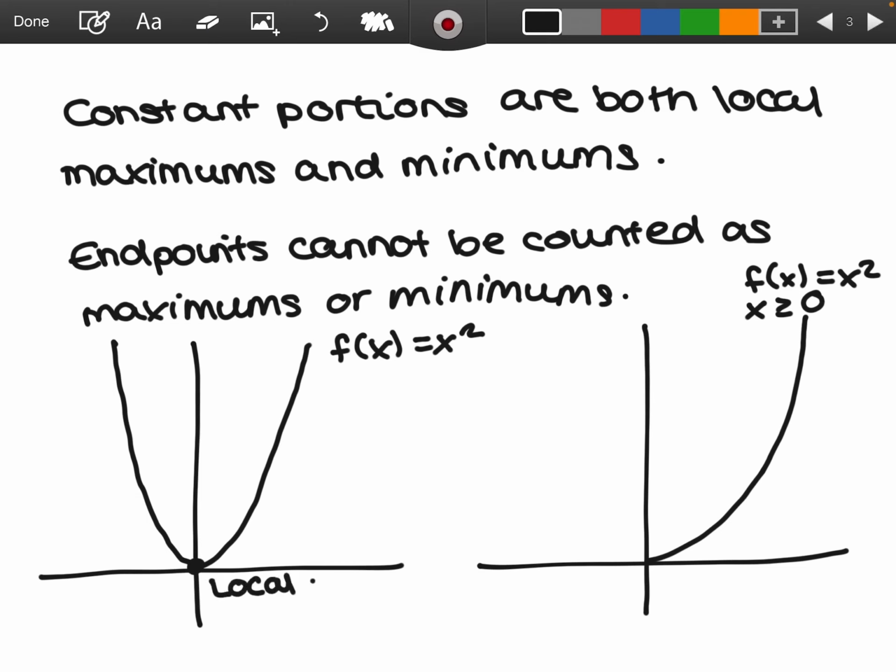In this graph here, I had a local minimum of 0 found at x is equal to 0. Well, now my local minimum that I have from my first graph is now an endpoint, and endpoints cannot be counted as maximums or minimums. So in that case where we had the graph of the restricted domain of f of x is equal to x squared, we have no maximums or minimums.